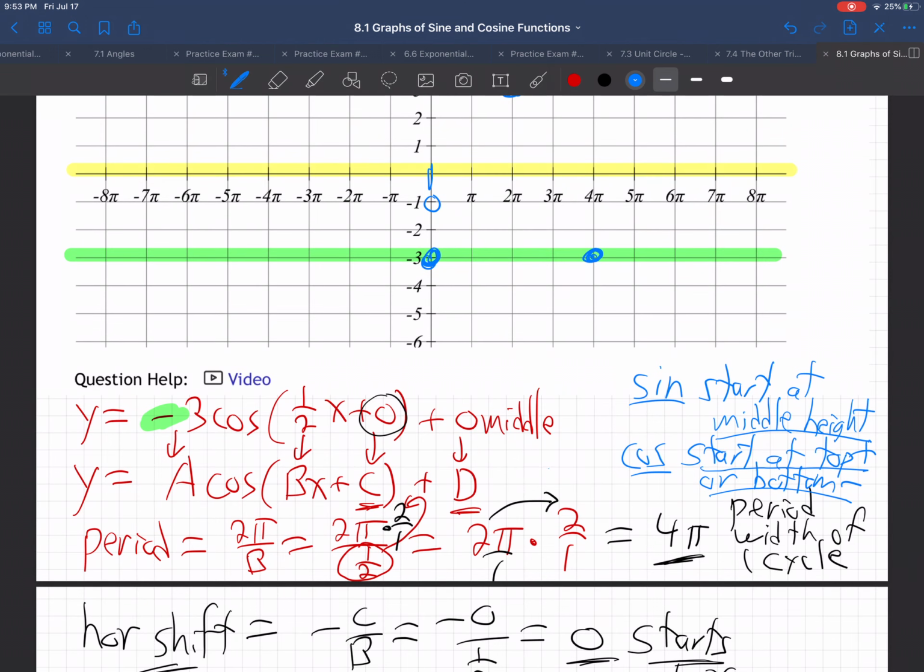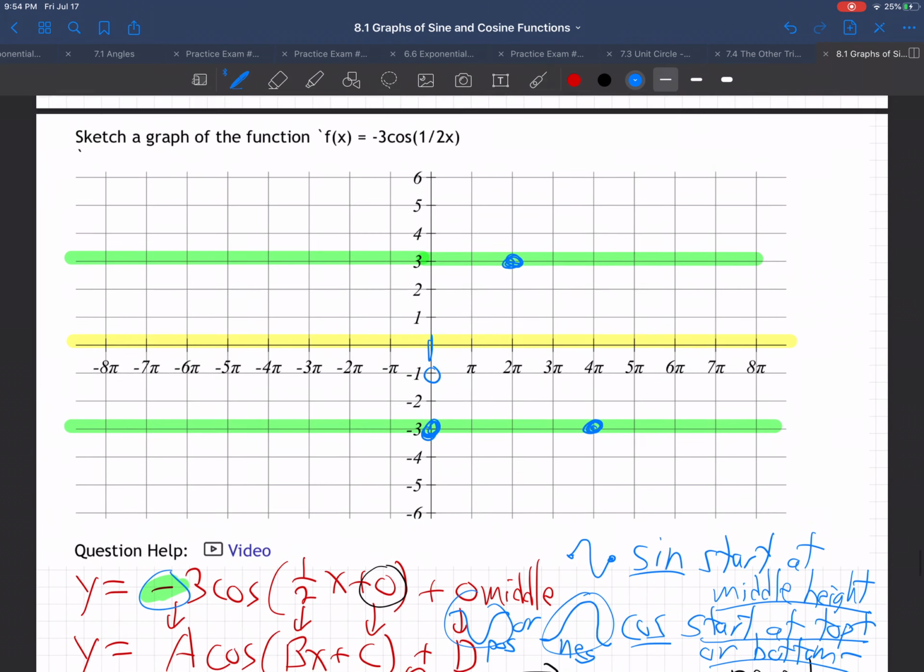One cycle for cosine is low, high, low, or high, low, high. For sine, it's middle, high, low, middle. Right? And they can also go high, low, high, like that. So our cosine is negative, so it's this way for negative. It's this way for positive.